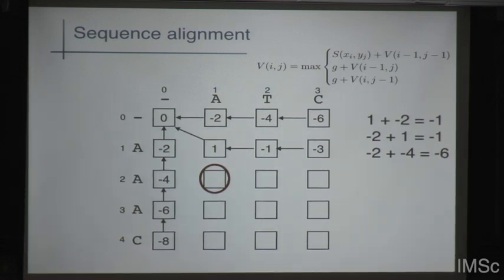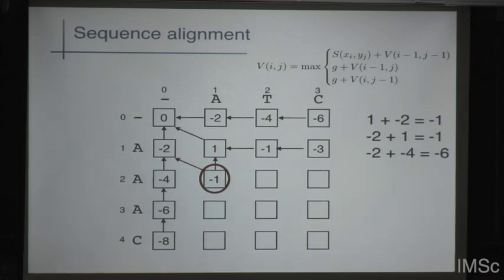So the best way to do it is what? There are two ways. You can match A with the A, or you can match the first A with the A and the second A you can match with the gap. So these are the two possibilities. So you keep both of them for now.